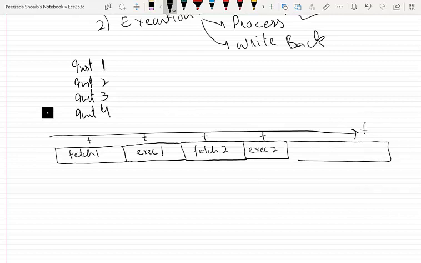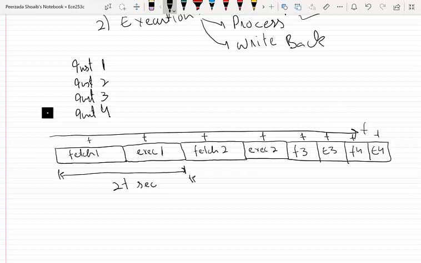Similarly, we have 2 other instructions. We may have fetch 3, execute 3, fetch 4, execute 4, and all of them may take t seconds. So each instruction is actually taking 2t seconds to fetch and execute. Then the next instruction is also taking 2t seconds.